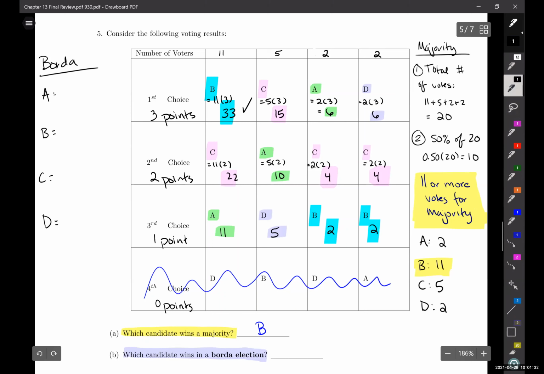So B gets 33 points, C gets 15, A gets 6, D gets 6, C gets 22, A gets 10, C gets 4, plus another 4, A gets 11, D gets 5, and then B gets 2 and 2.